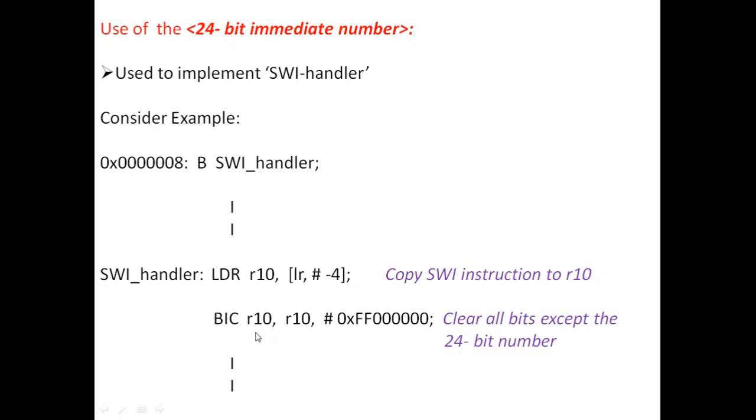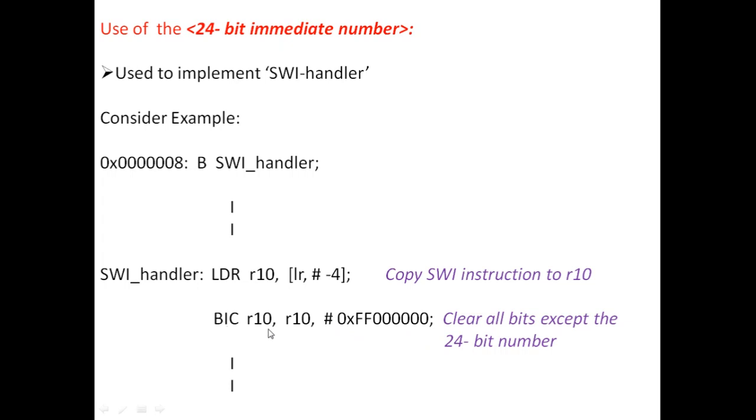Now the next instruction is the bit clear instruction. It will clear all the bits except these 24 bits in that instruction. Therefore it clears the higher 8 bits, which are opcode bits, keeping the remaining 24 bits unchanged.